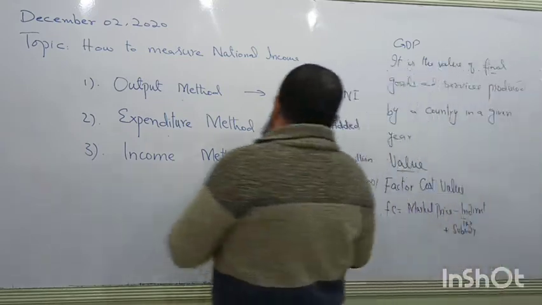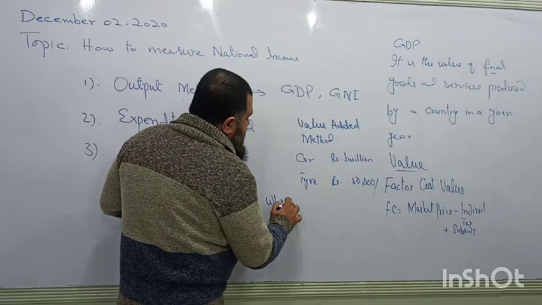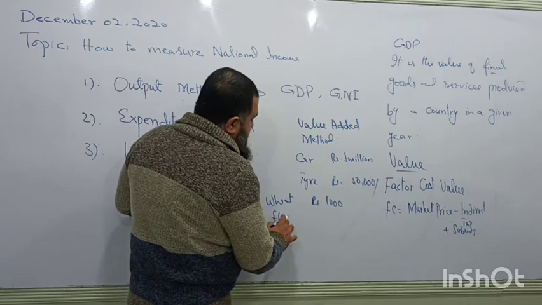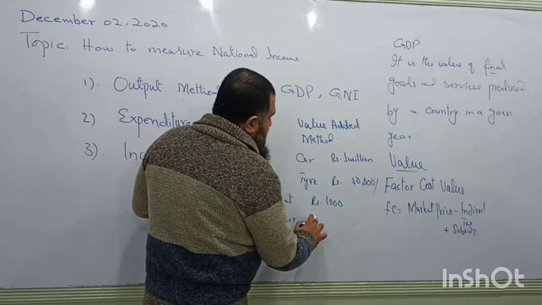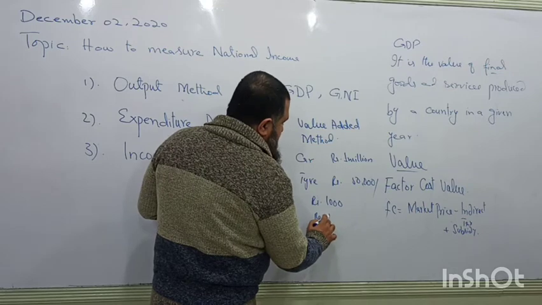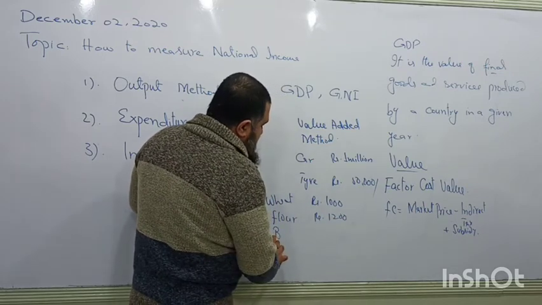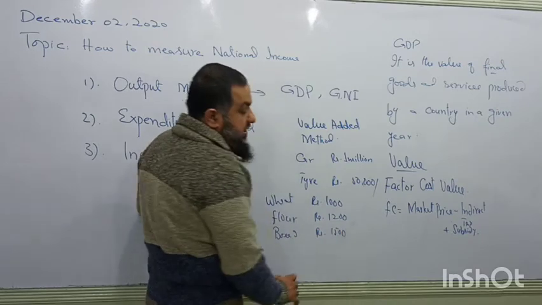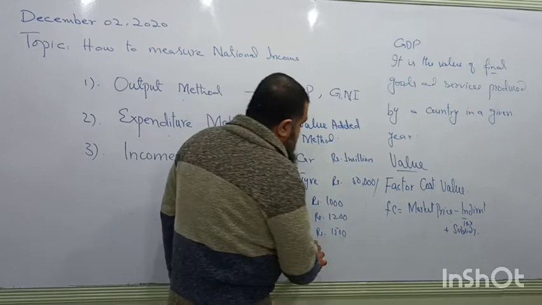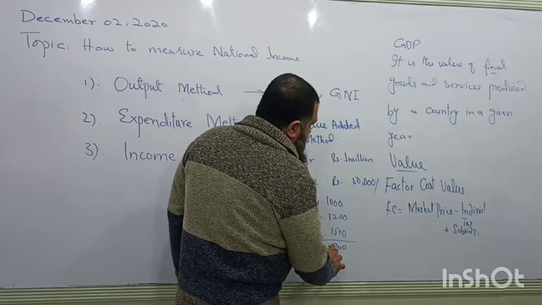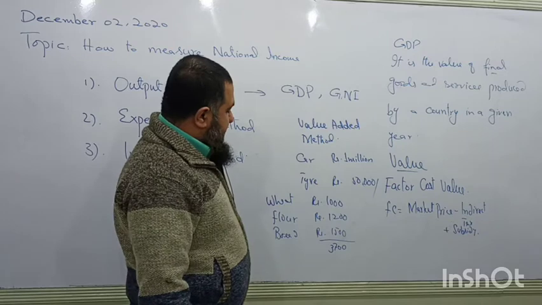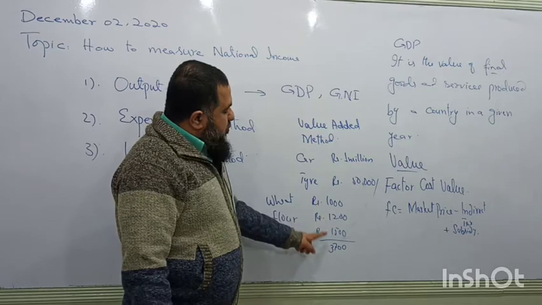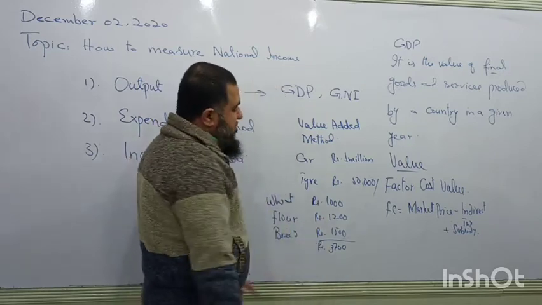You can say if a farmer has produced wheat and its value is rupees 1,000, and then it is converted into flour and its value has become, you can say, 1,200, and then ultimately bread is produced by the baker and its value has become 1,500. If we add all these three, the value of GDP will be 3,700.